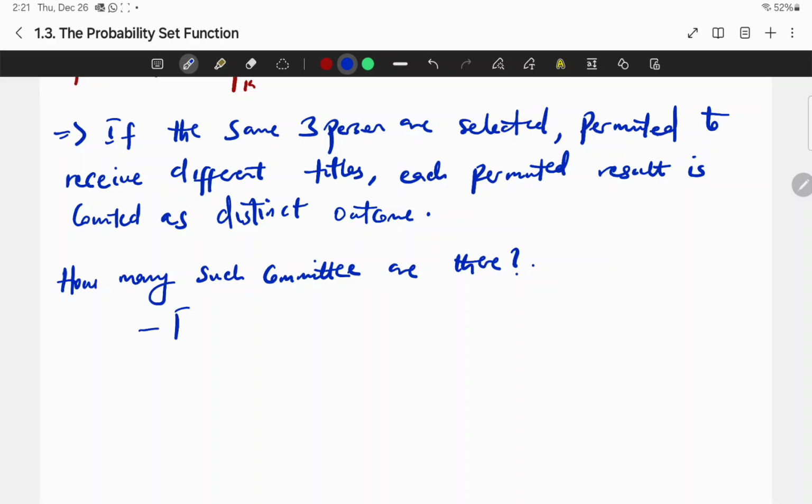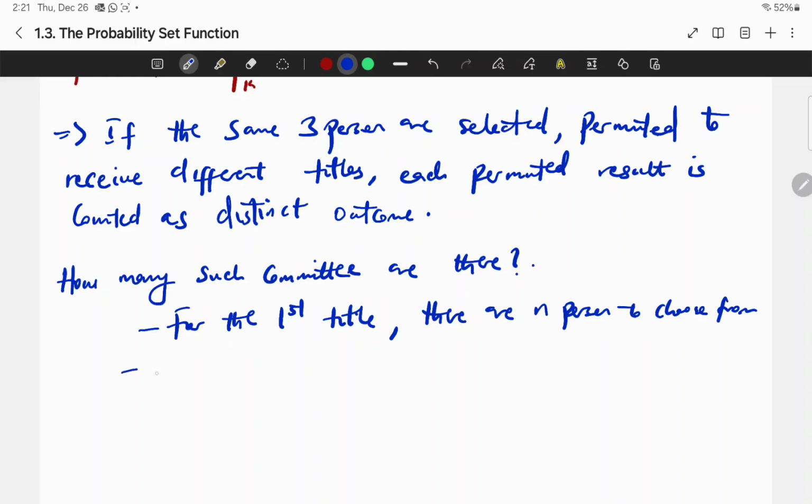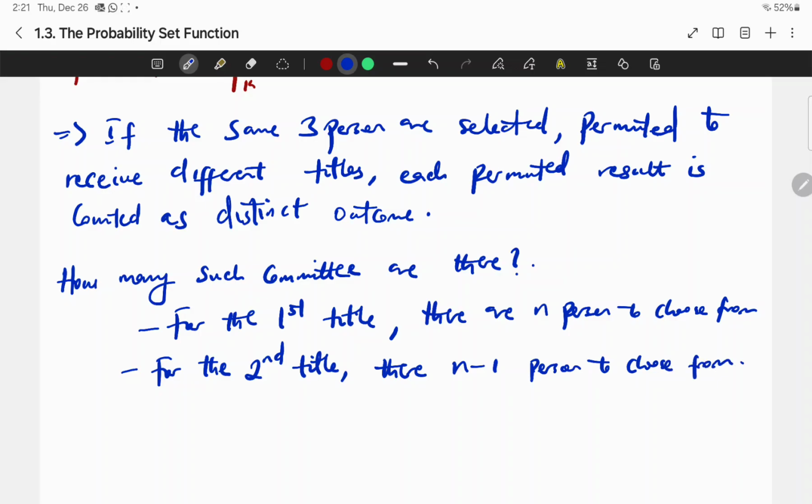So don't forget, for the first title, we have n people to choose from. But now for the second title, the number of people to choose from will reduce, because you cannot choose someone as a president and also choose the same person as a treasurer. So we have n-1 persons to choose from.